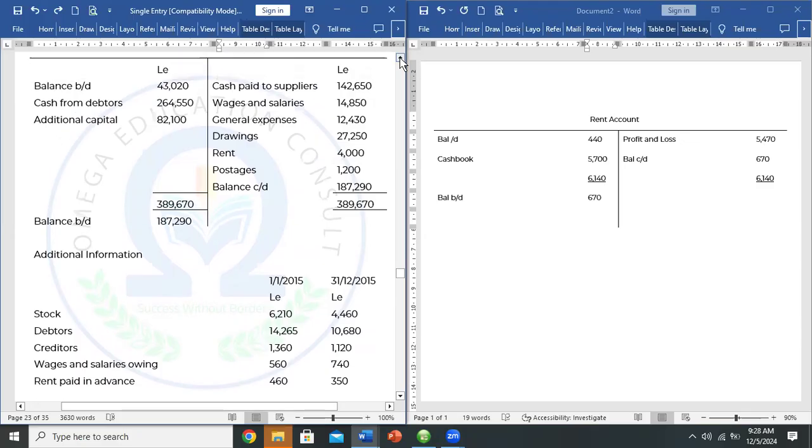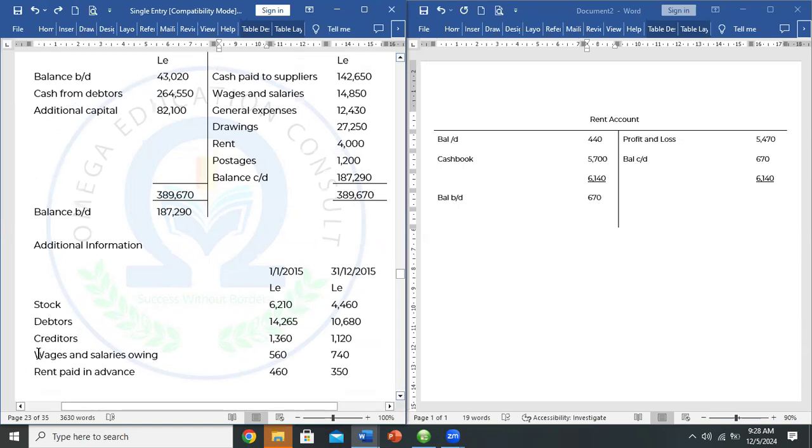So see this question. Okay, we have expenses: wages and salary, general expense, rent, postage. When you come down here, you have wages and salaries owings, a balance at the opening and a balance at the closing. So you would agree with me that we have a problem of which figure are we taking, because we have 14,850 or 14,850, we have 560 and 740.